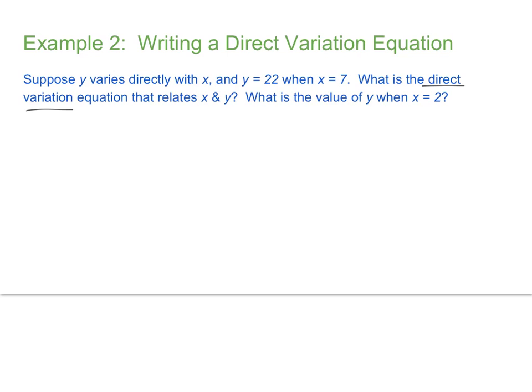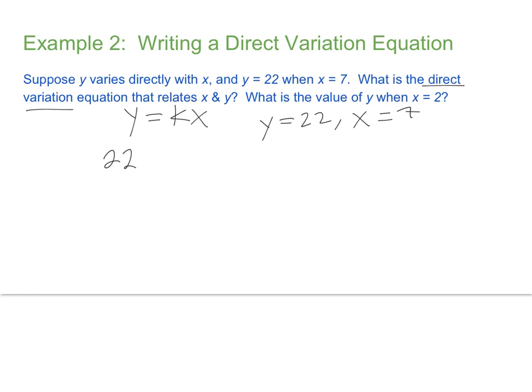Since we know it's direct variation, we know we're going to have a model that is y equals kx. We also know that when y equals 22, x equals 7. So I'm going to substitute those values into the direct variation equation and find out what k is.